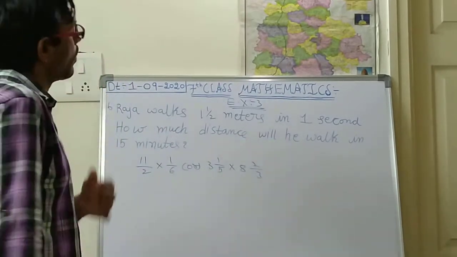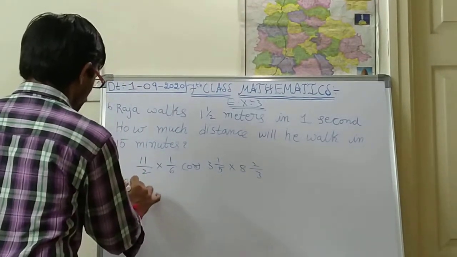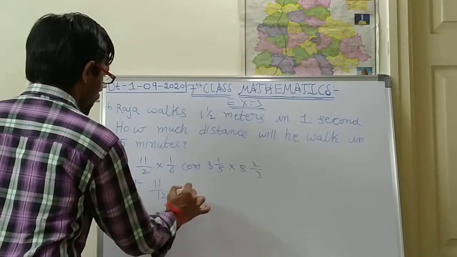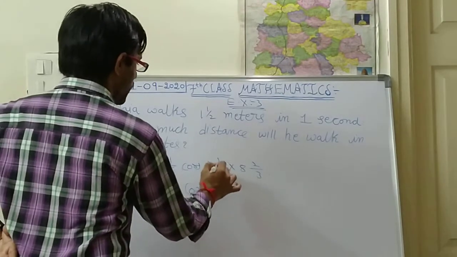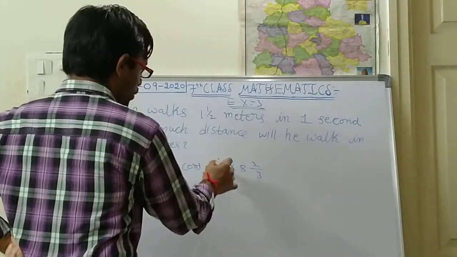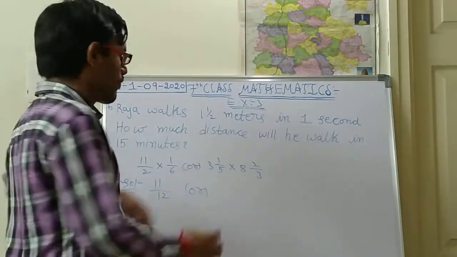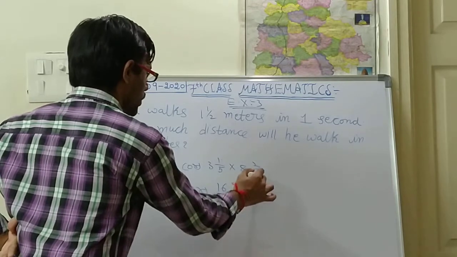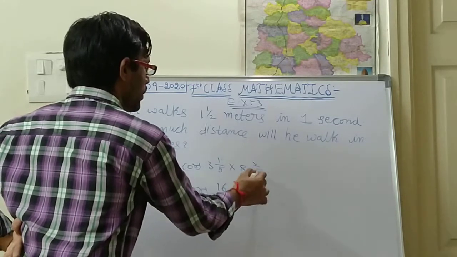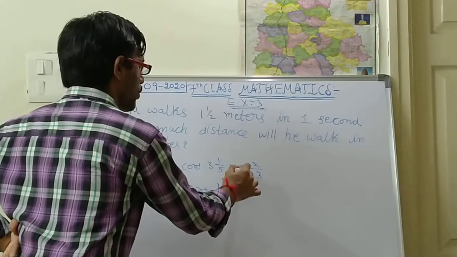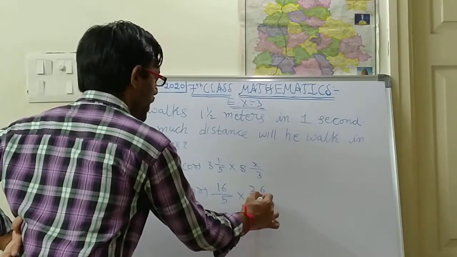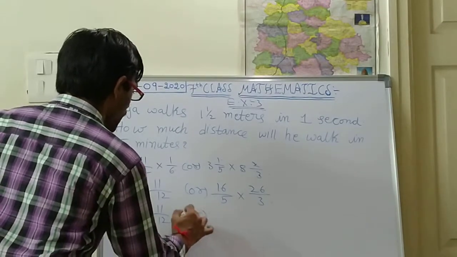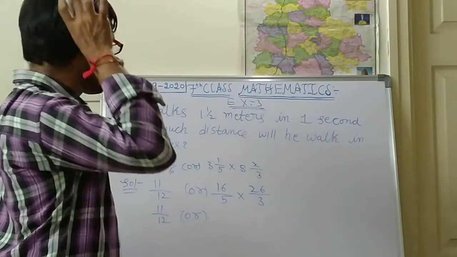The solution: 11 into 1 is 11, and 2 sixes are 12. For the next, 3 1 by 5, first change into an improper fraction: 5 threes are 15 plus 1 is 16 by 5. Then 8 2 by 3: 3 eights are 24 plus 2 is 26 by 3. So again do multiplication: 16 into 26.